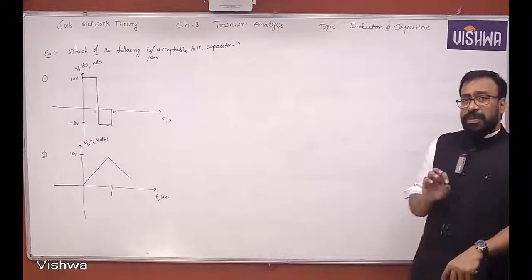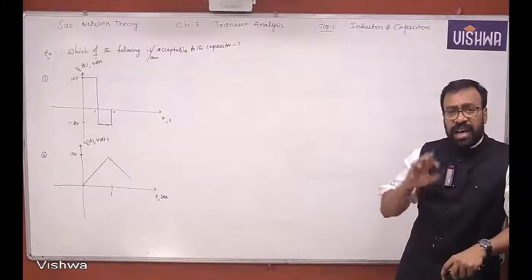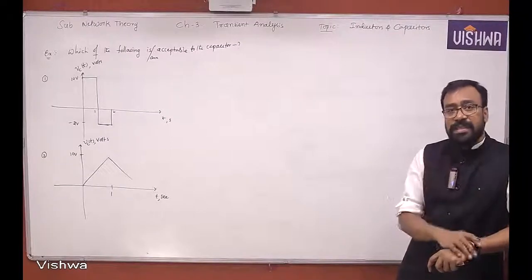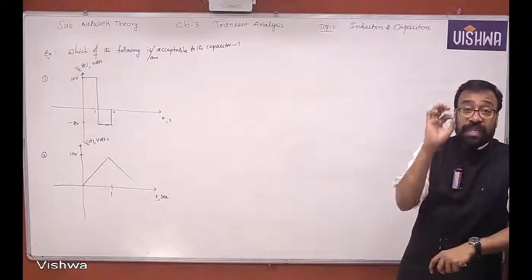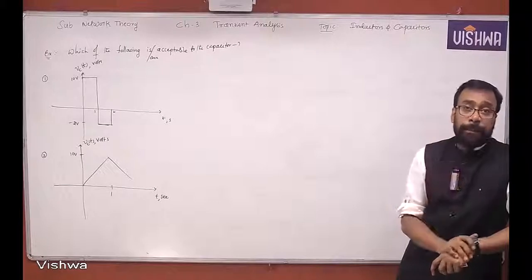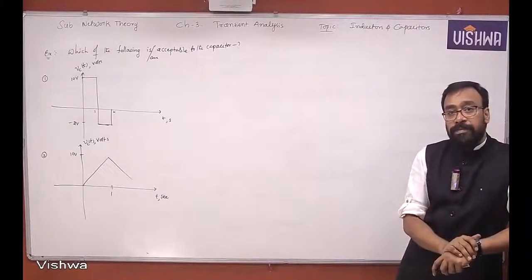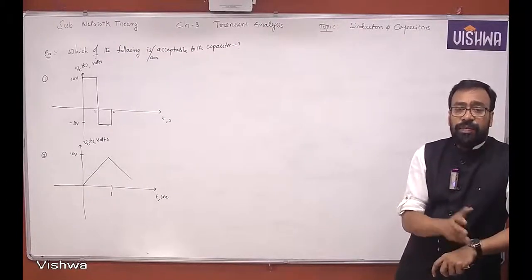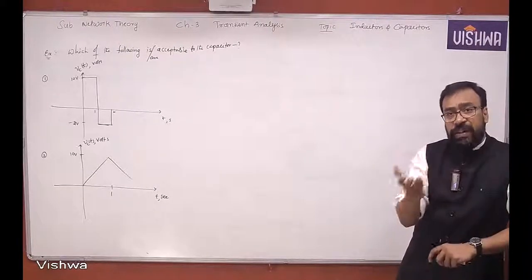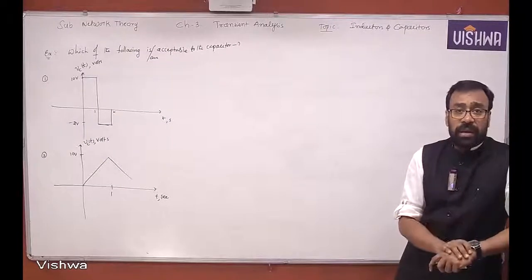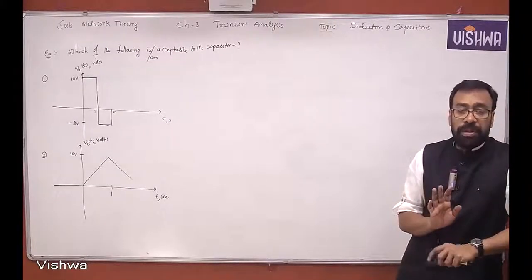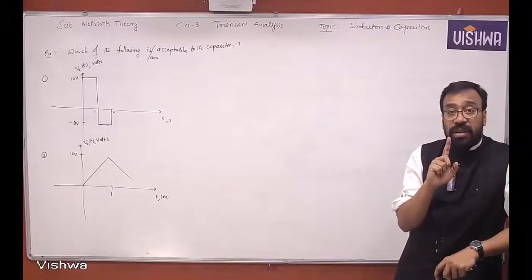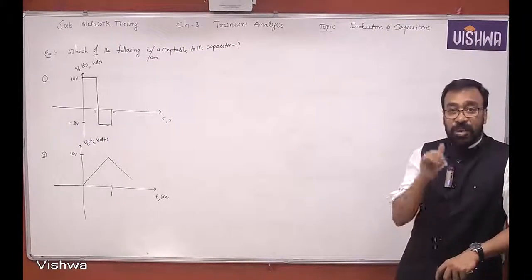If the problem doesn't give any information regarding the current, whether it is finite or ideal impulse, by default you must take it as a finite current. If there is any mention of current being infinite or ideal impulse, it is okay. If it doesn't mention anything, the current through the capacitor must be taken as finite only.